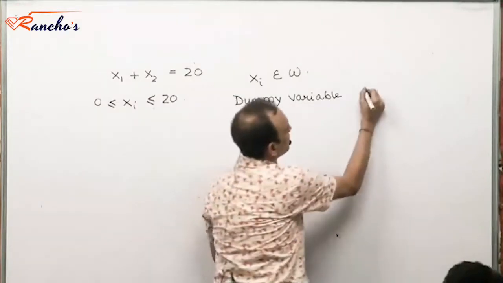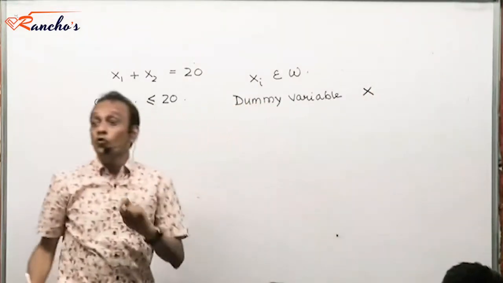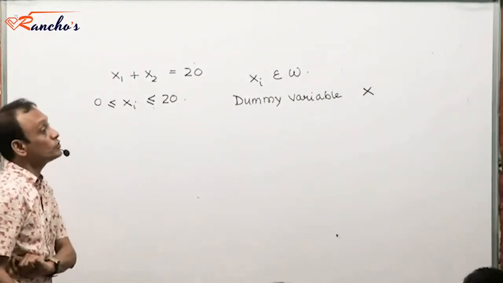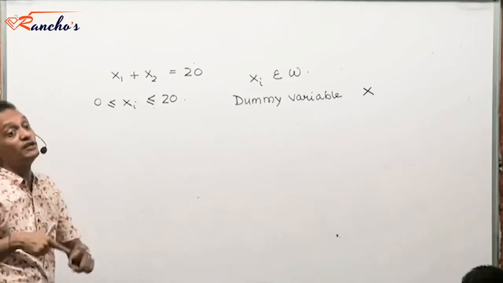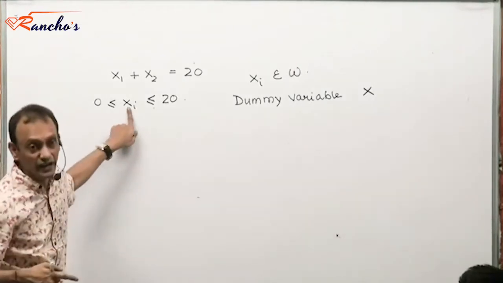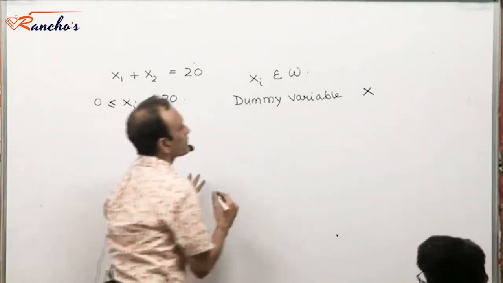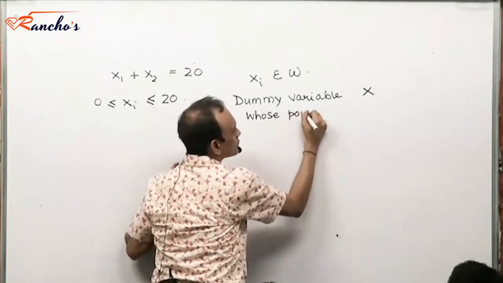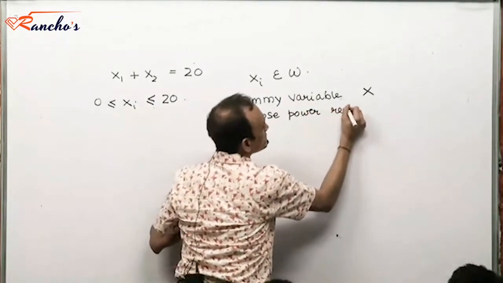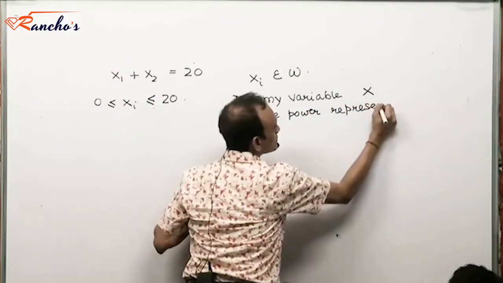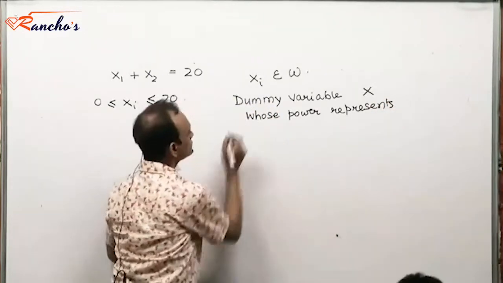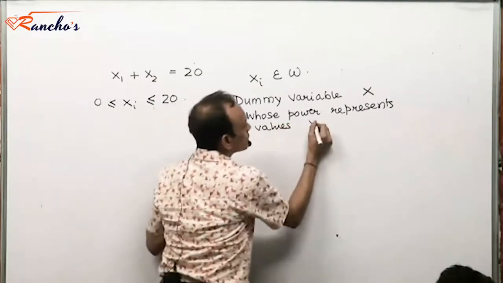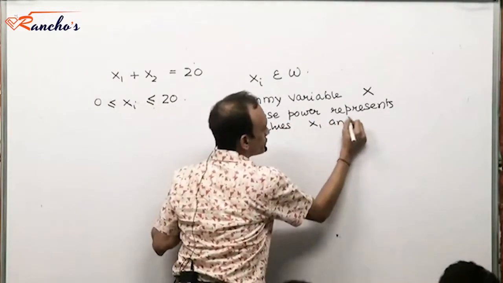Let me think of a dummy variable x whose power represents the values x1 and x2 could take.